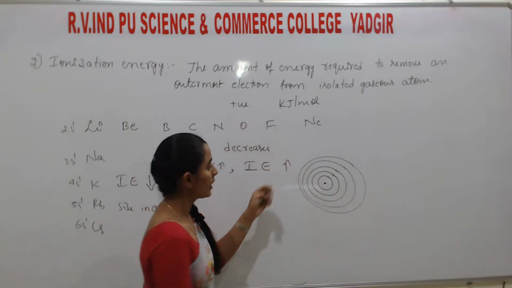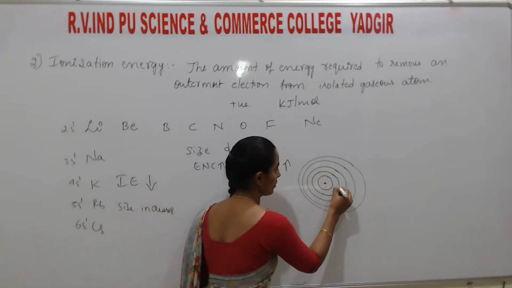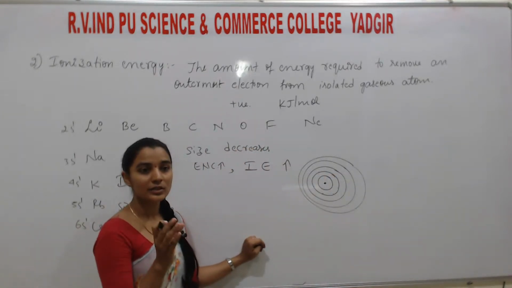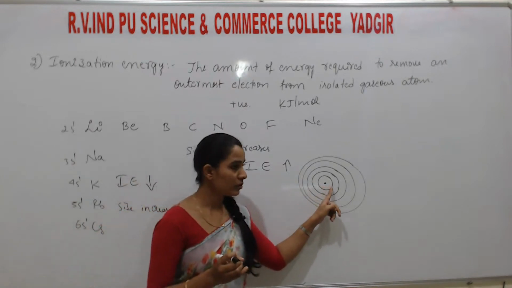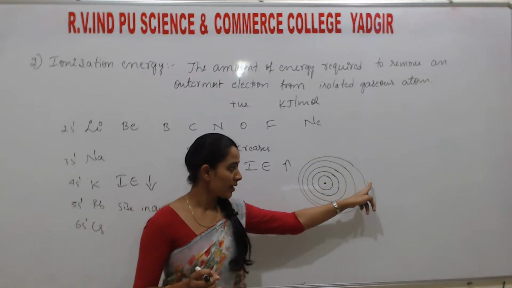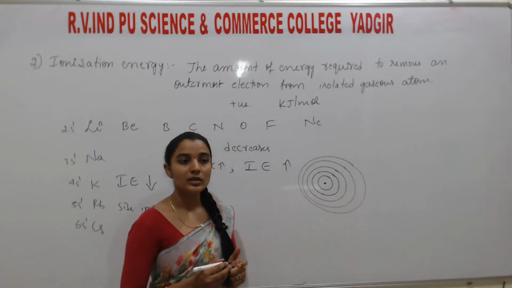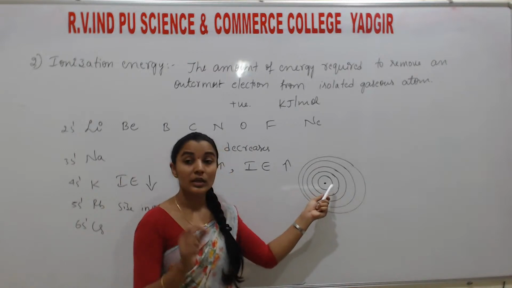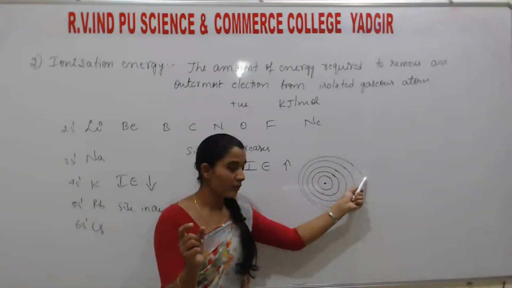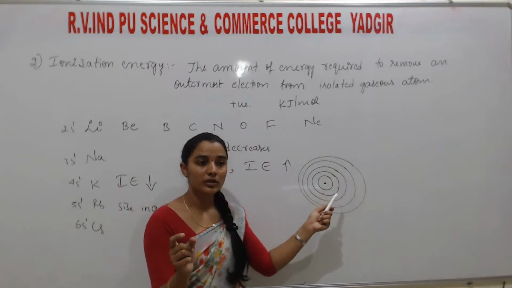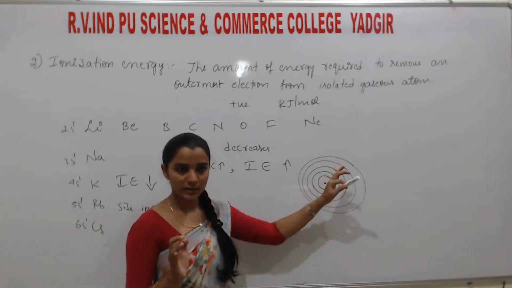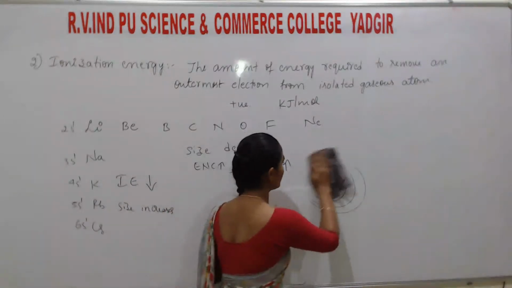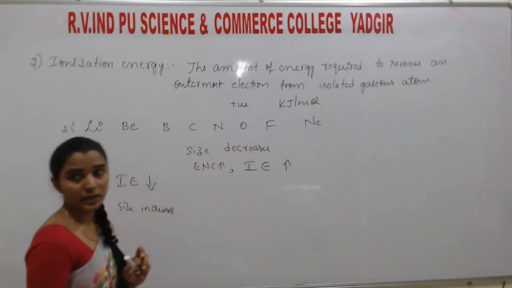Here the electron enters into the same subshell, which means the force of attraction increases, resulting in a decrease in size. The nearer to the nucleus, the effective nuclear charge increases. Far away from the nucleus, effective nuclear charge decreases. Distance is more, force is less. That is the thing. So these are the trends in the periodic table.